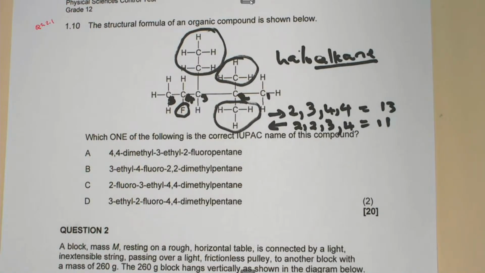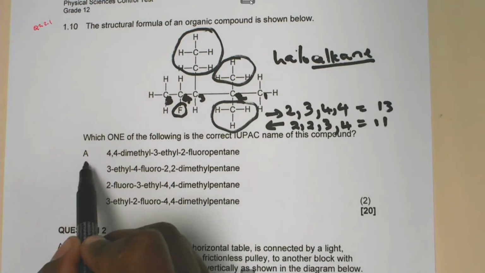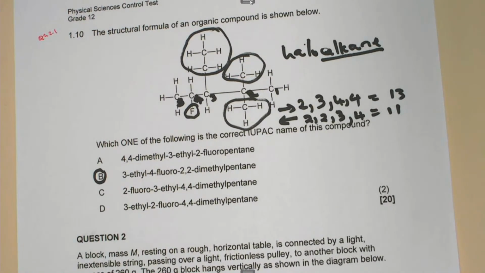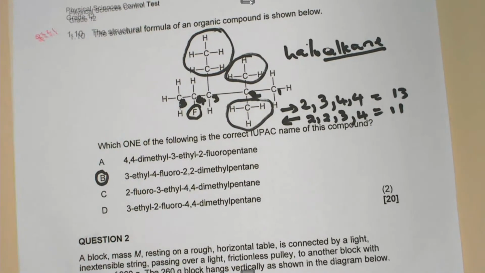Ethyl comes first, then fluoro, and then methyls. So our correct answer there will be B, which will give us 3-ethyl-4-fluoro-2,2-dimethylpentane. Also that one, colleagues, please ensure that you address with your learners.